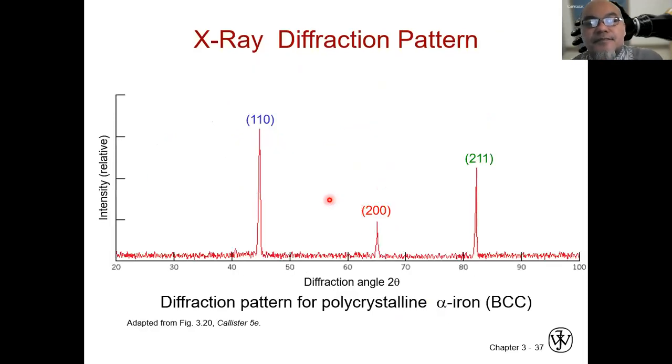This is an example of an X-ray diffraction pattern for polycrystalline alpha iron, which has a body centered cubic structure. So the theta c will have peaks at the 110 plane, 200 plane, and 211 plane.